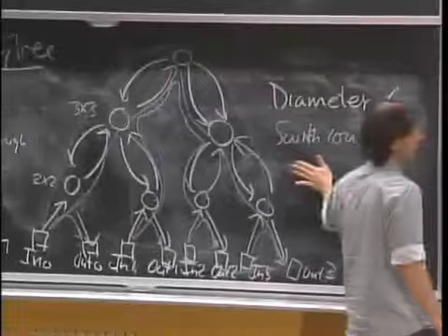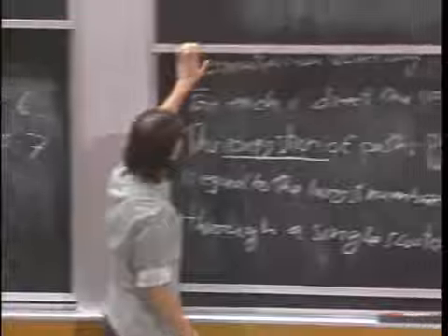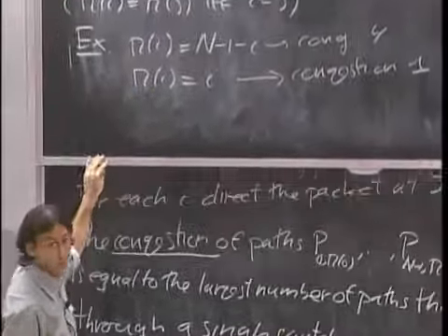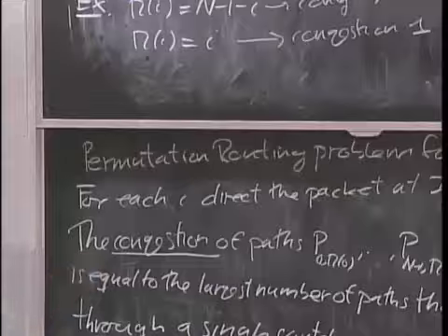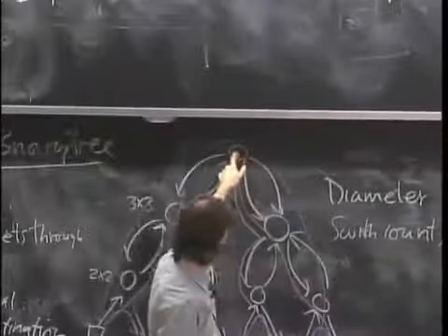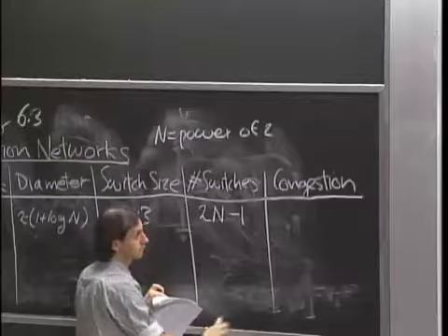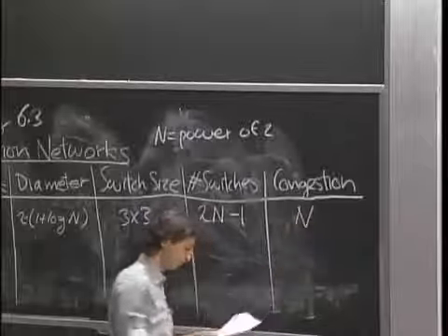For this particular tree structure, this permutation is really the worst case scenario that you can have, because every packet needs to be routed through the center over here. And it means that our maximum congestion for an arbitrary tree is equal to n.